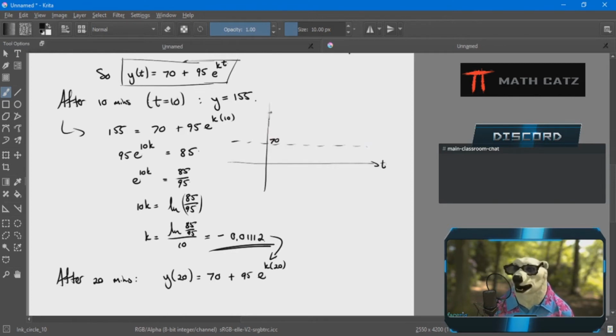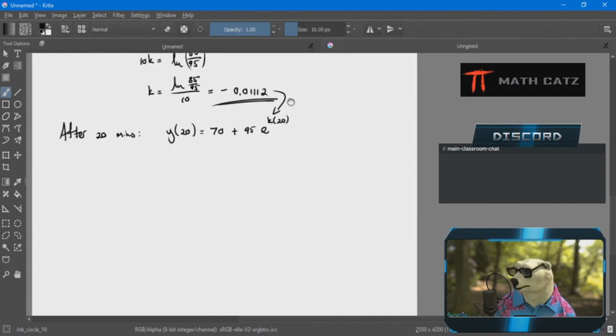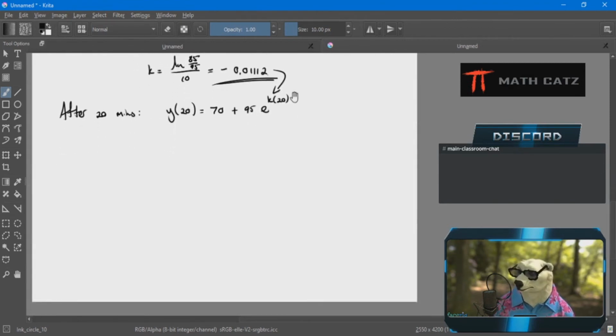It starts at 165 up here, and I'm going to exponentially go down towards this as my horizontal asymptote, because k, the exponent, is negative. So it is modeling the appropriate situation.